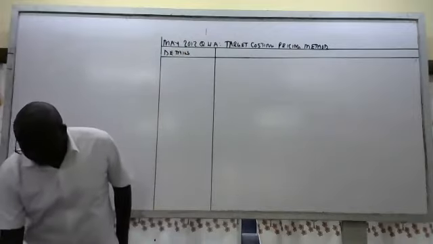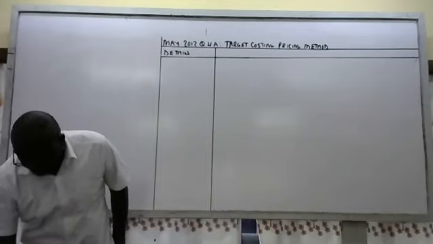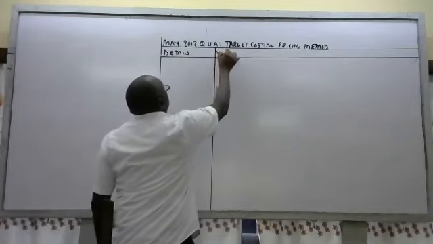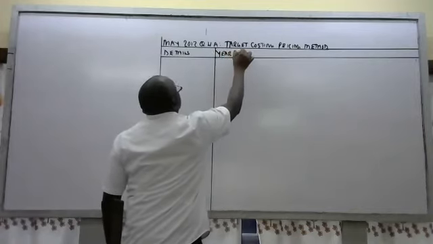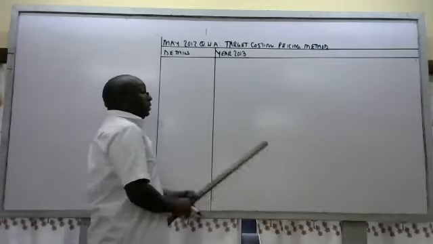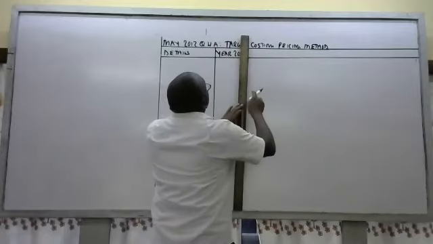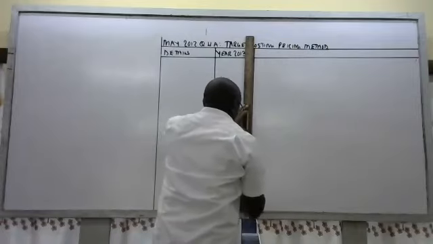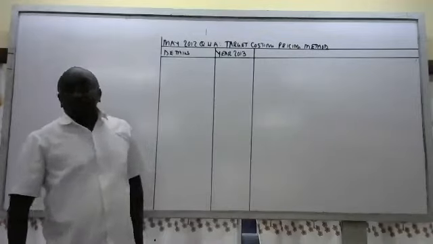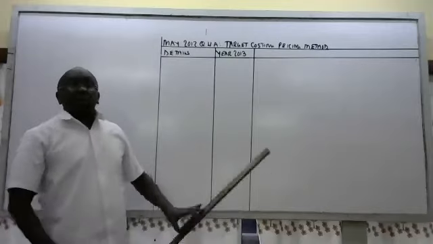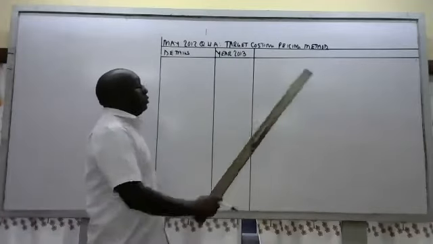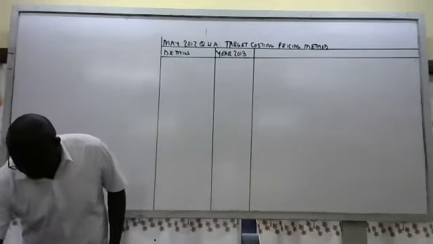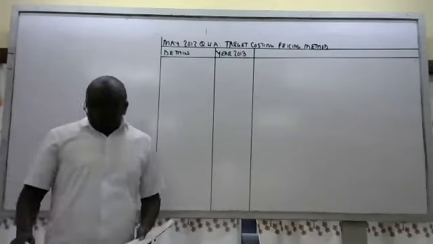The next column is the year 2013. This one will also not be as big. The other 2 will take more space. So I want us to divide them as we work out.